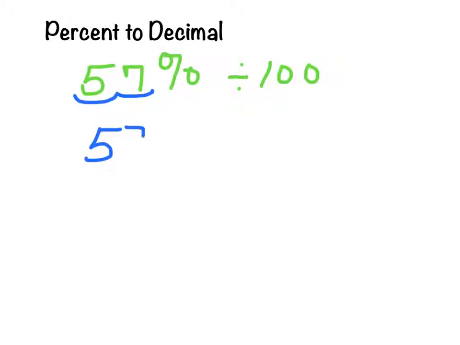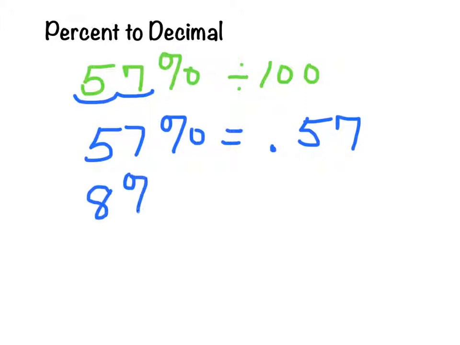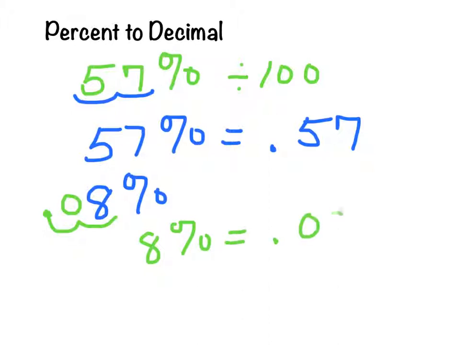So 57% as a decimal is 0.57. If I have 8%, I'm moving 2 places to the left. 1, I need to still jump another number, so I'm going to annex a 0 and place it there. So 8% equals 0.08.